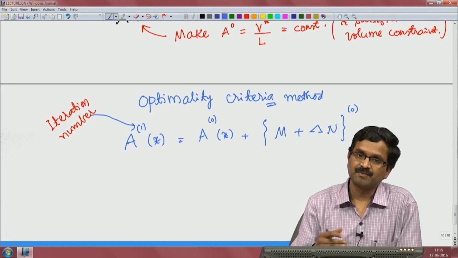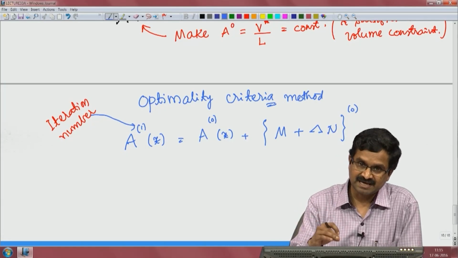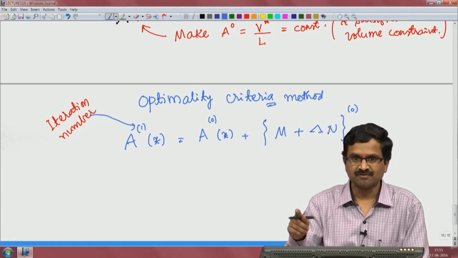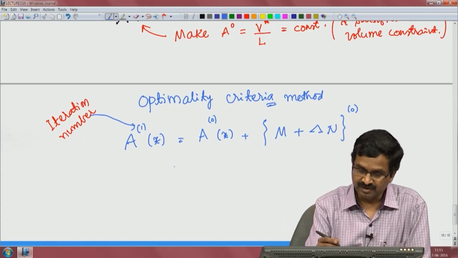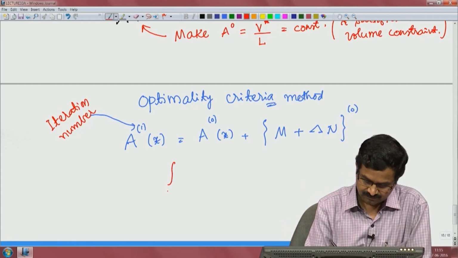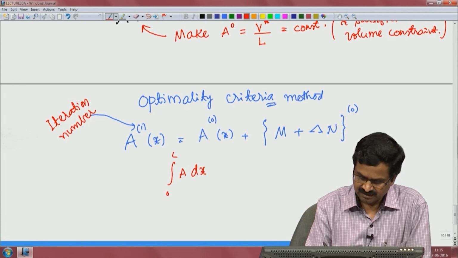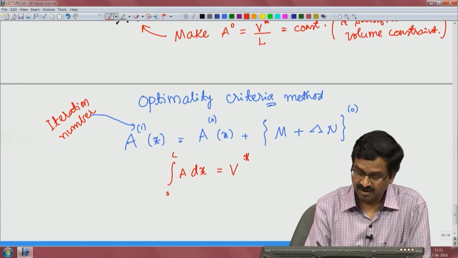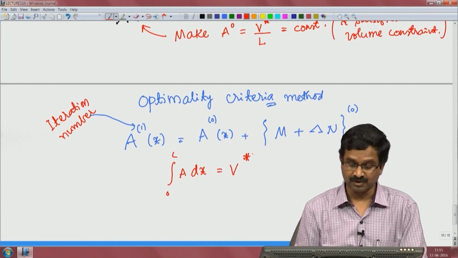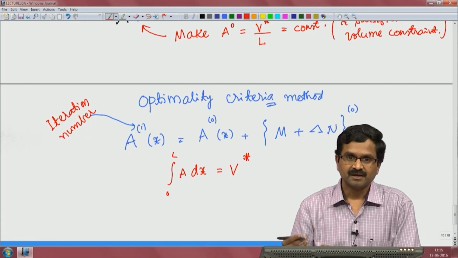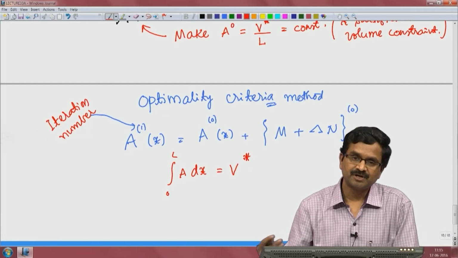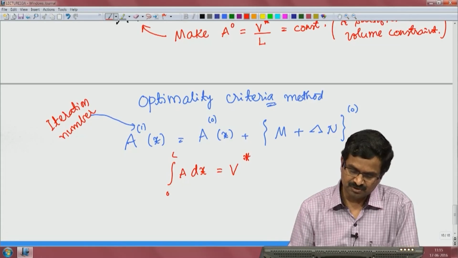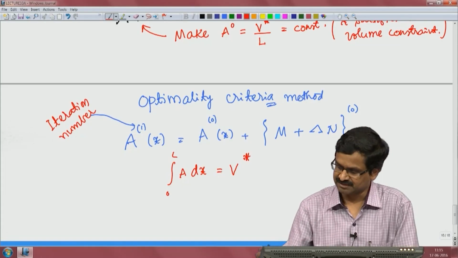That is why we said lambda cannot be 0, that means the constraint is active. The less than or equal to sign goes away, then we have integral 0 to L A dx equal to V star now, not less than or equal to anymore, because if lambda is 0, W double prime is 0, and the equilibrium equation will have a conflict.